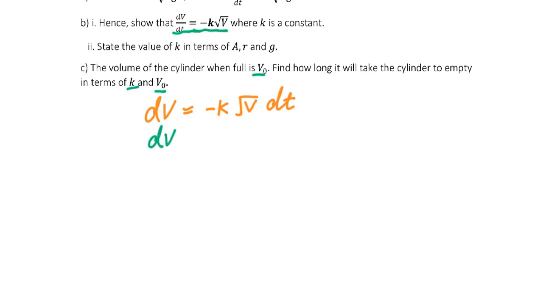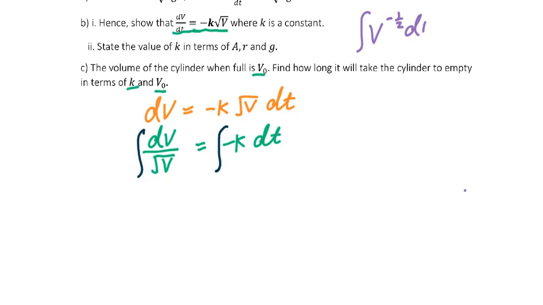You will get dV over square root of V equals negative k dt. Then we take the integral of both sides. You will get V to the negative 1/2 power. When you integrate, negative 1/2 plus 1 gives 1/2, so V to the 1/2 divided by 1/2 gives 2 square root of V.